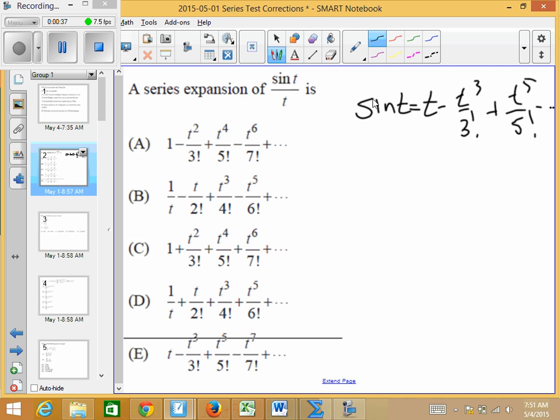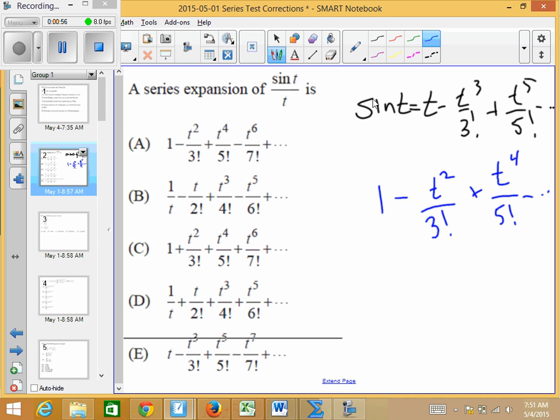Now I want to divide that by t. So we just divide every term by t. t over t is 1, t cubed over t is t squared, and so on.